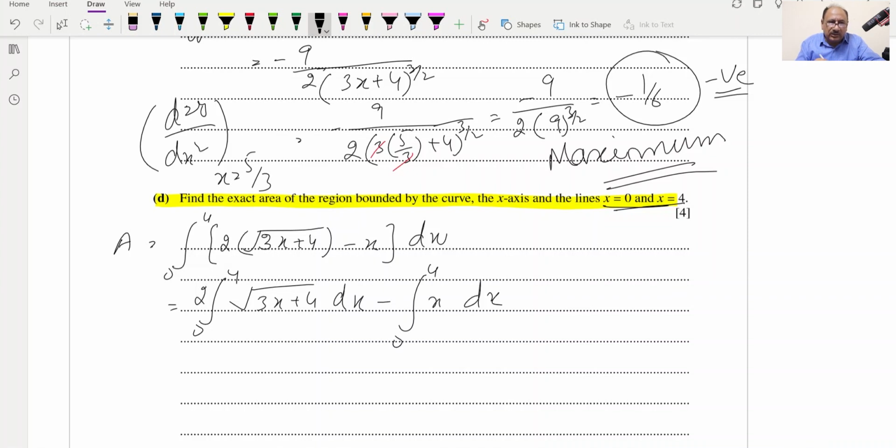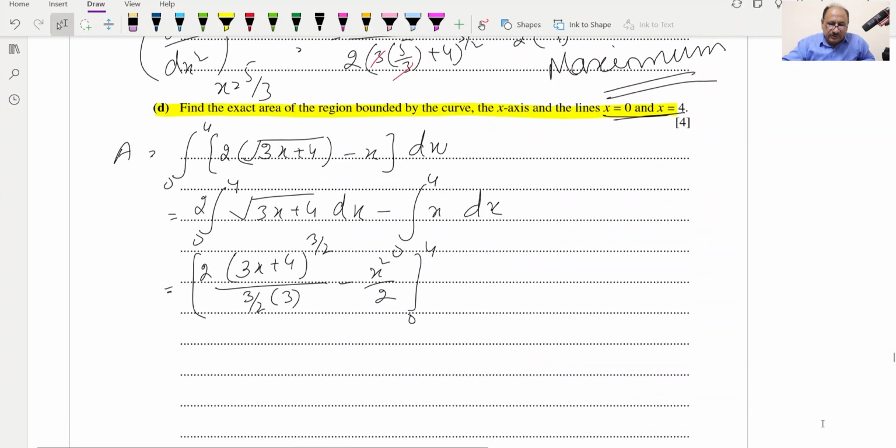And now we can take the integral. The integral will be 2 into 3x plus 4 raised to the power 3 by 2 over 3 by 2 into 3, minus x squared over 2, and the integral limits will be from 0 to 4. We replace the upper limit first.